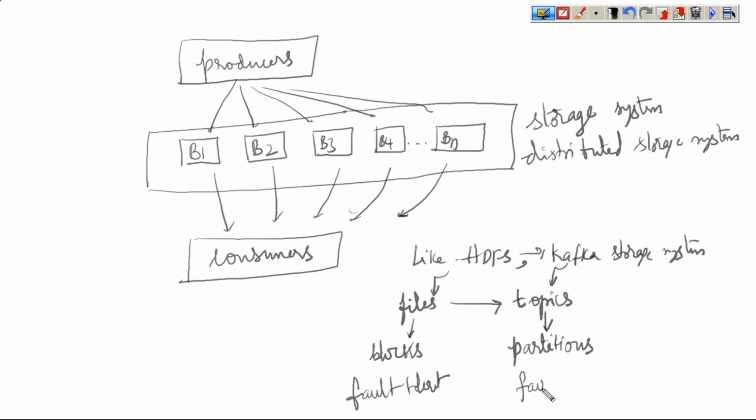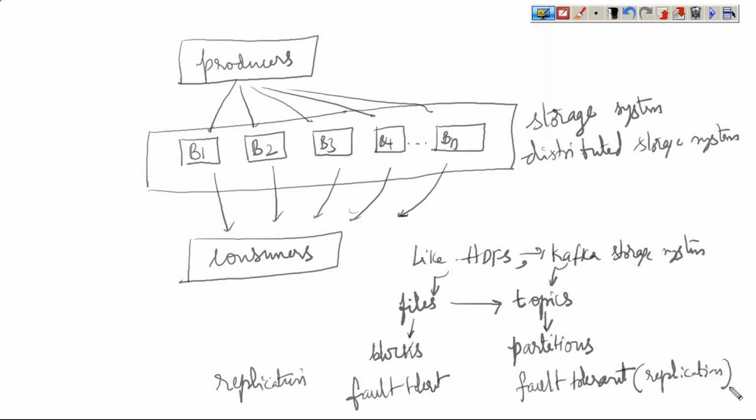Exactly similar to that, Kafka is also a fault tolerant data storage system. What is used in HDFS to provide fault tolerance? Replication. The data gets replicated. Here also, to provide fault tolerance, the data gets replicated.